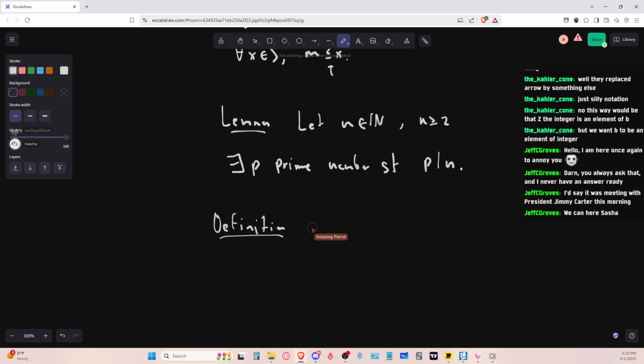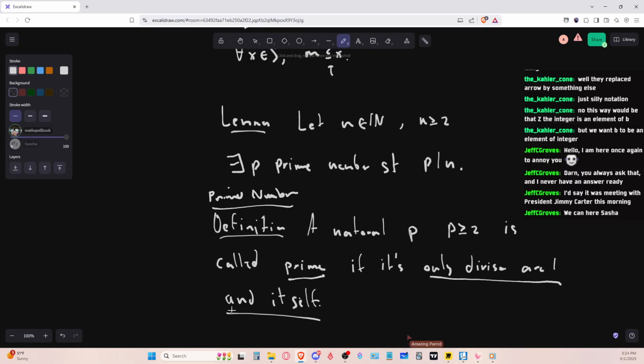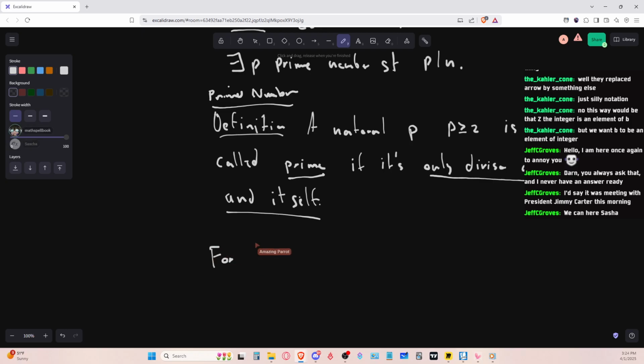So, definition: a natural number p, which is greater than or equal to 2, is called prime if its only divisors are 1 and itself. So, for example, 2 is prime.